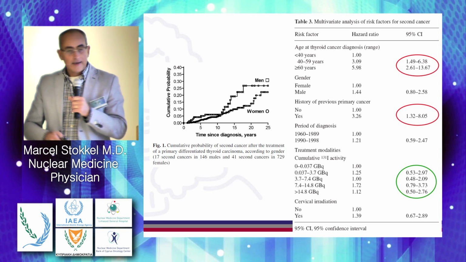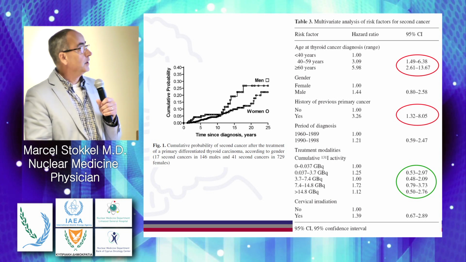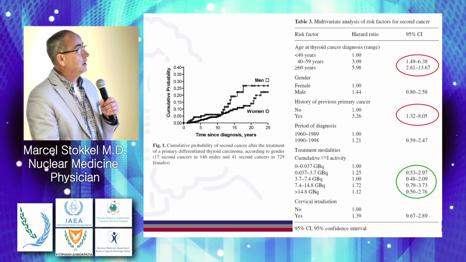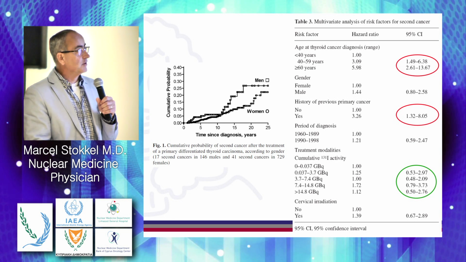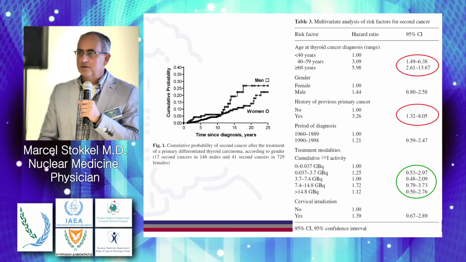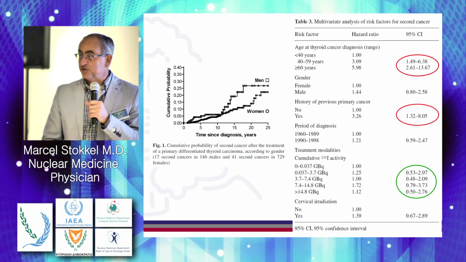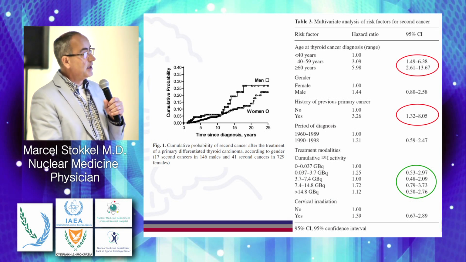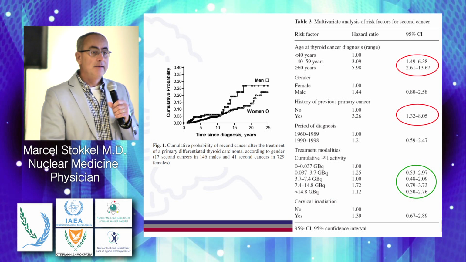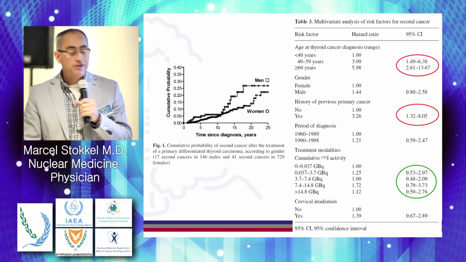When you look overall at the risk factors related to the occurrence or the induction of second cancers, you have to realize that other factors may also contribute to this effect, to the increased risk of second tumors. And then you may conclude probably that the role of radioiodine in this respect may be limited.